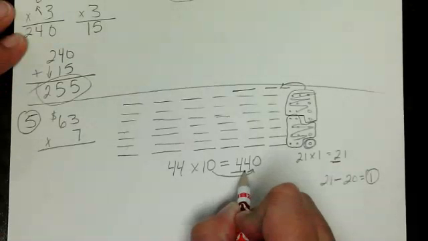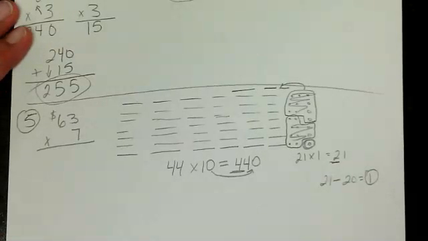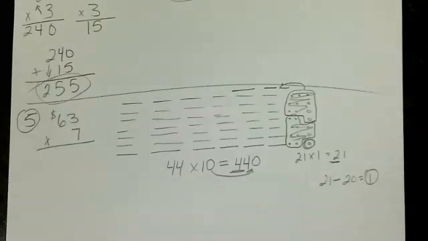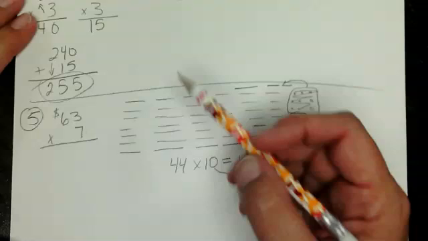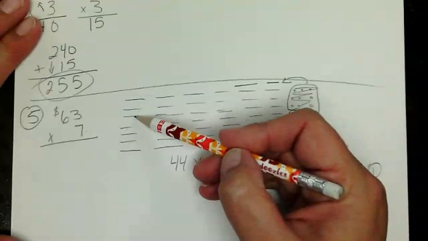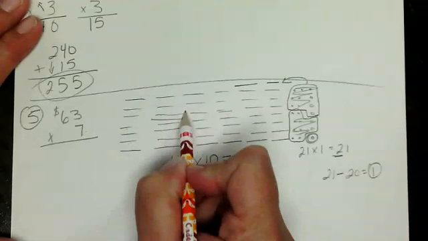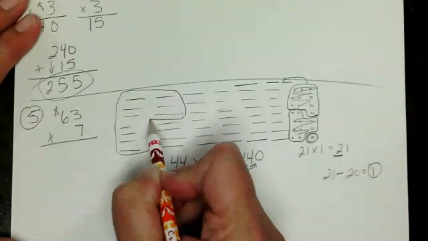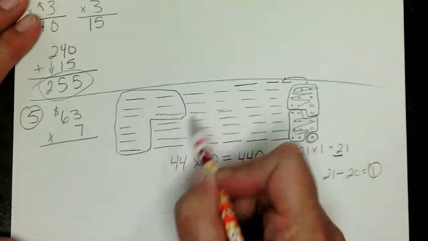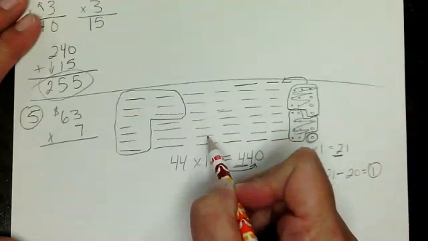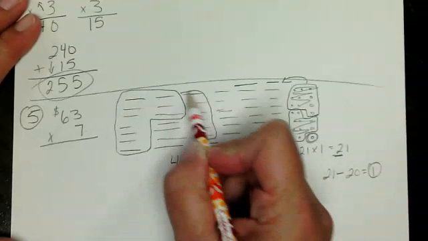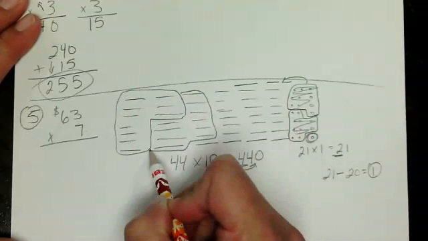Look, I have a digit in my hundreds place. I can make 4 hundreds. How many tens are in 100? 10 of them. Let's count it out. 1, 2, 3, 4, 5, 6, 7, 8, 9, 10. There's my first 100. There's my second 100.